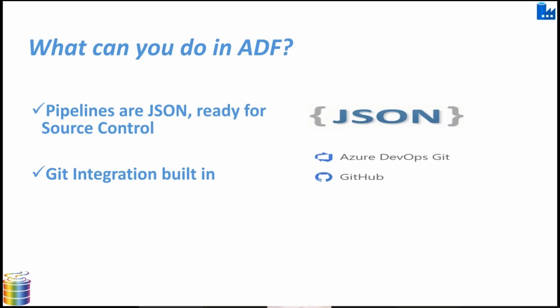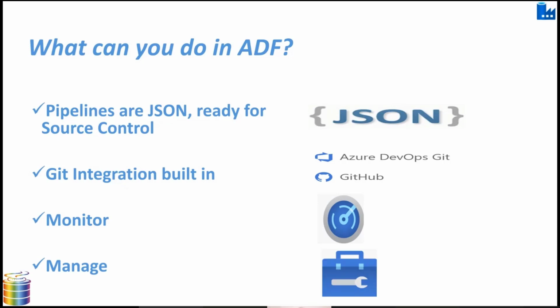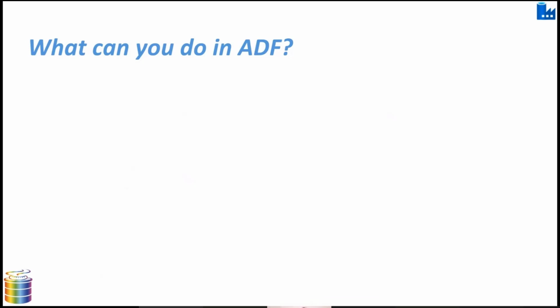For that you can use Azure DevOps Git or GitHub. I will show you that later in a demo. You can monitor your pipelines or other Azure Data Factory components, and you can manage your components in the Azure Data Factory portal or UI.